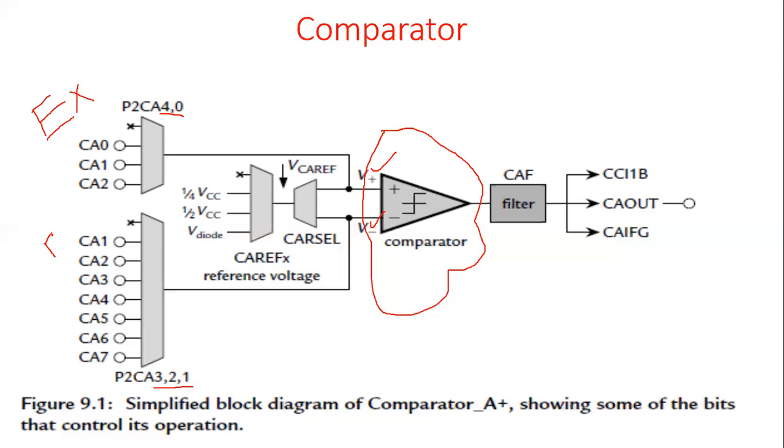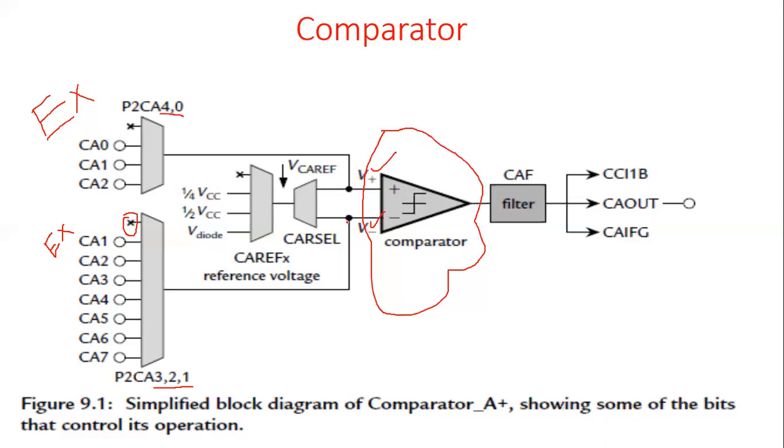These analog signals are also external signals, external meaning we have to apply them from outside. So here CA0 is not used, and the remaining CA1, CA2, CA3, CA4, CA5, CA6, CA7, these seven analog signals are applied at the V negative, that is the inverting terminal.